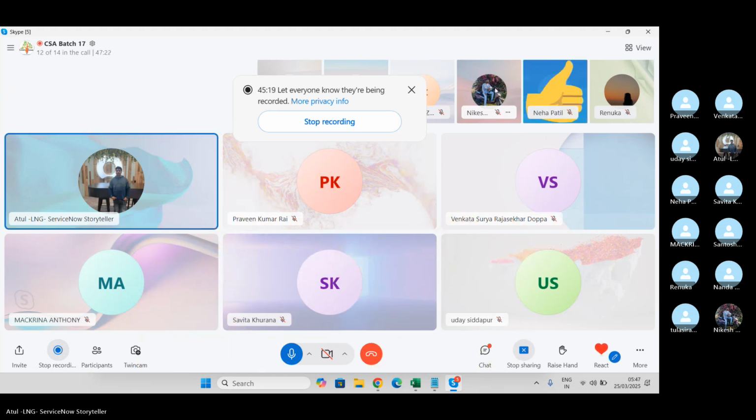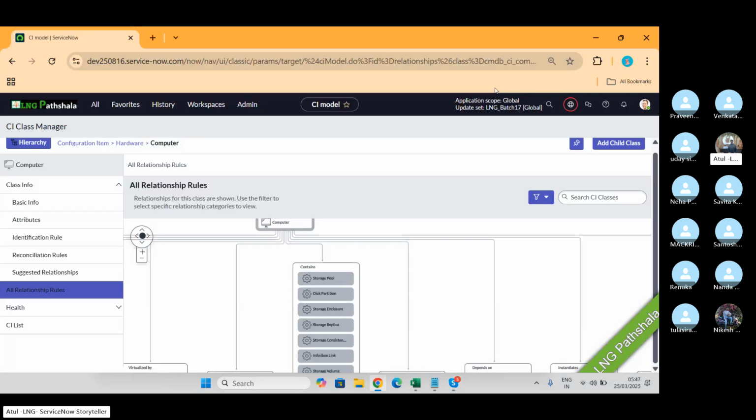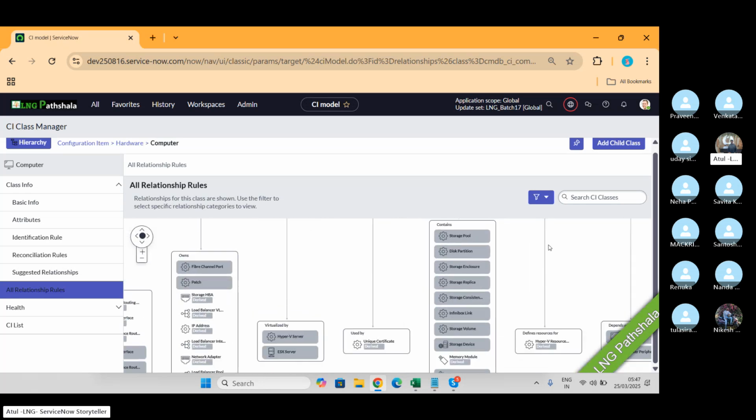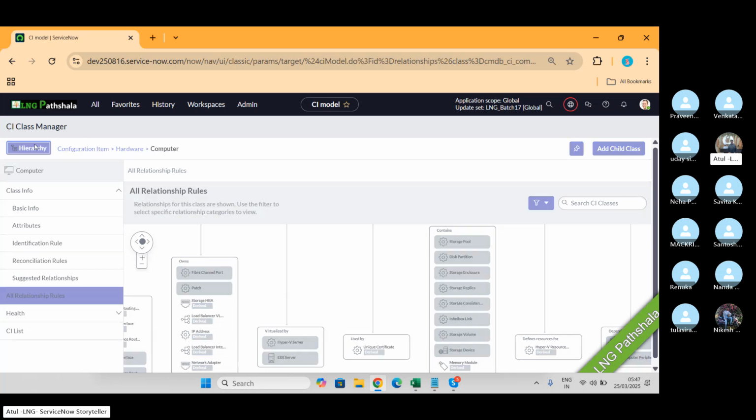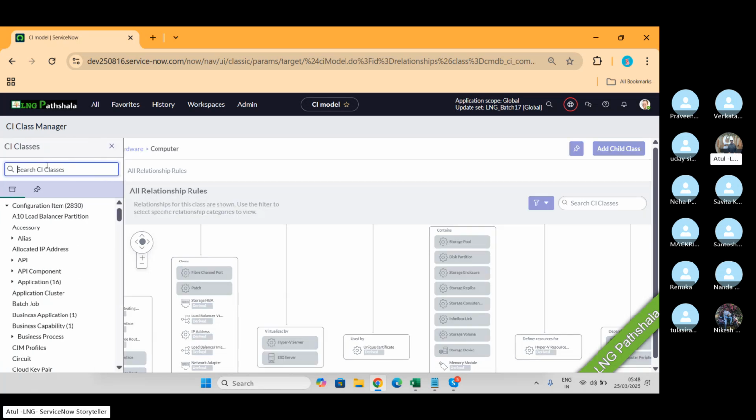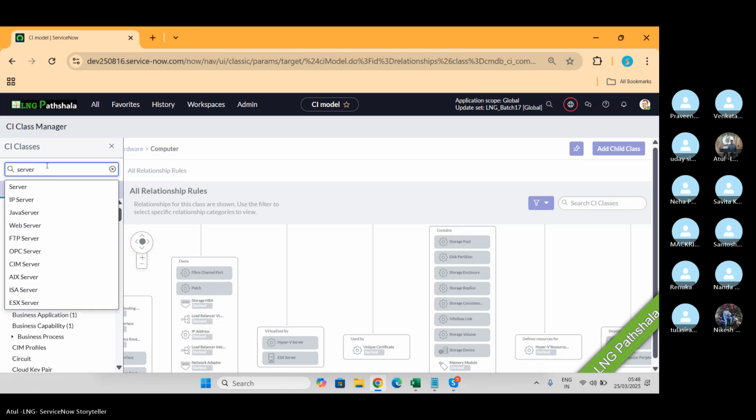Yes. Good. So now, this is what ServiceNow gives to us, saying that boss, these are the different classes and these are the different relationships. If you want to see, go back here. Search for the server. See how many server classes we have.